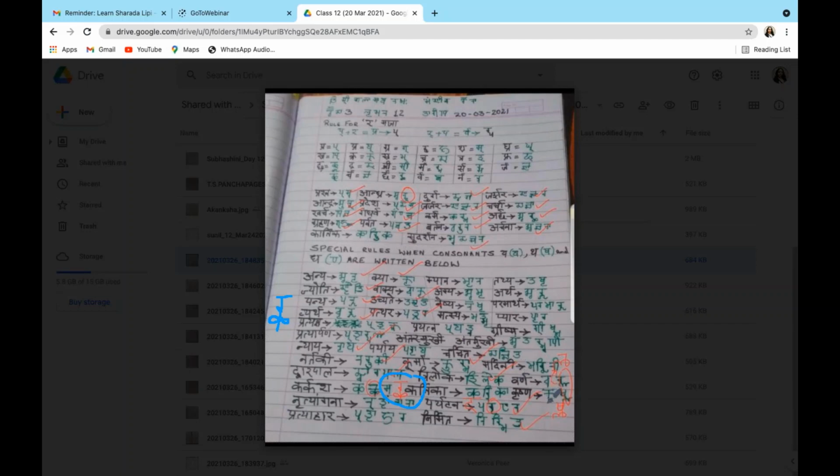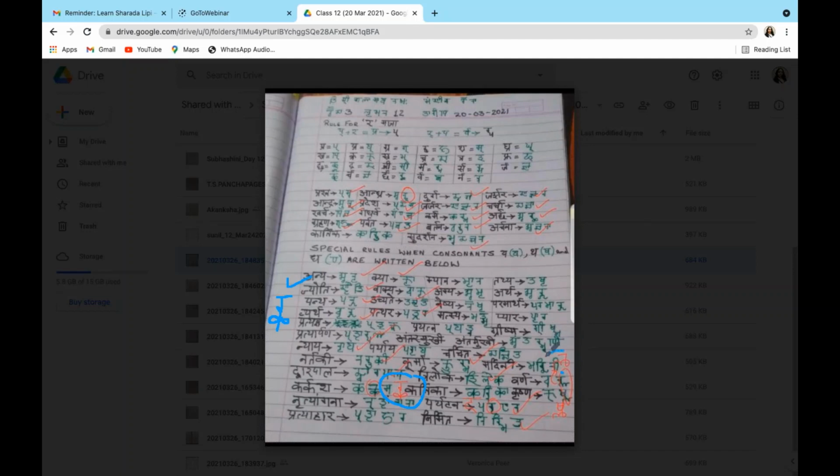Then there is Varna. If you're writing R and N, that will take a different form. What you've written here follows the rule of R and K, whereas in case of R and N, it will take a different form.